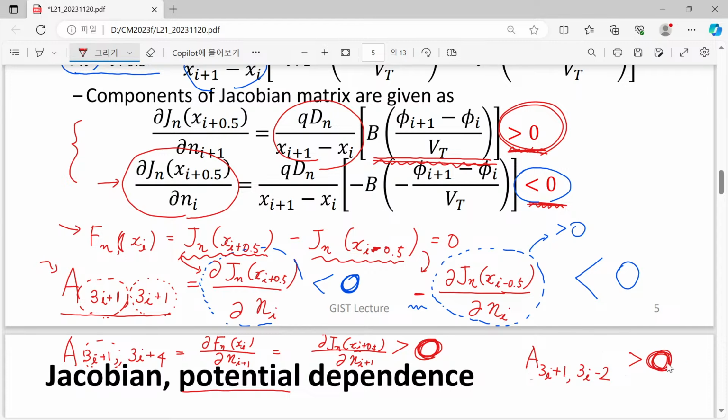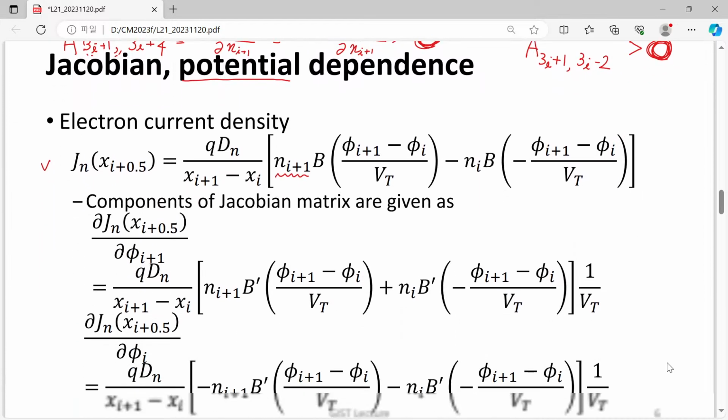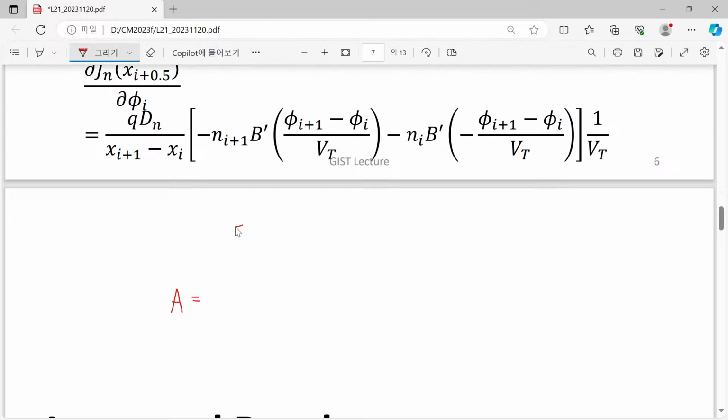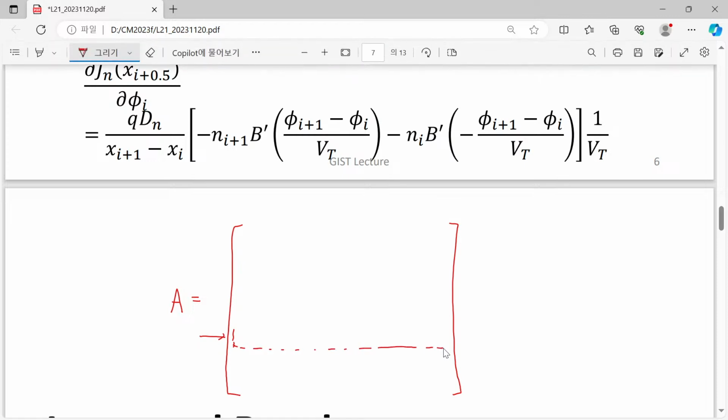Okay, so right now you may not understand what I'm talking about, but let me go to here. Here we have a Jacobian matrix written as the A matrix. And where can we find our continuity equation for the x sub I node? Let's say that here we have a certain row corresponding to our x sub I point.